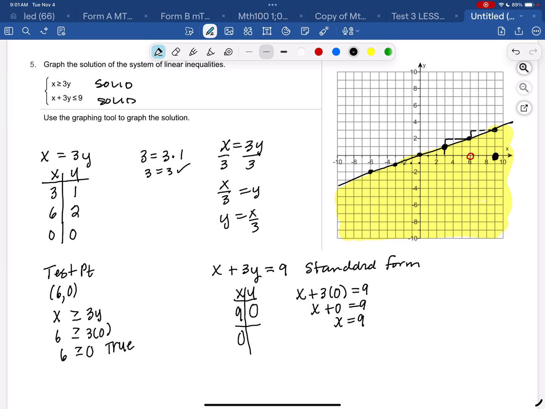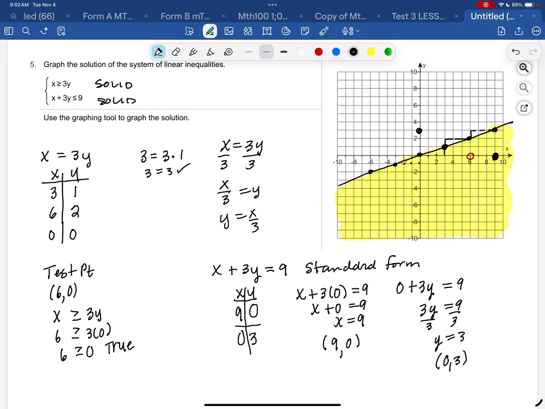Now, if x is 0, 0 plus 3y is equal to 9. 3y is equal to 9. Divide by 3. y is equal to 3. So this is the point 0, 3, just like this was the point 9, 0. So 0, 3 is right here.